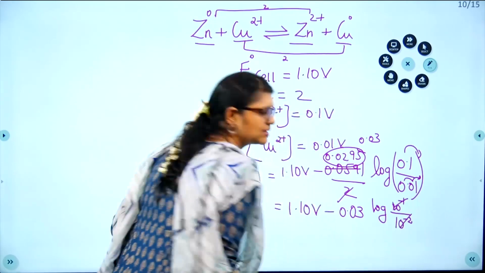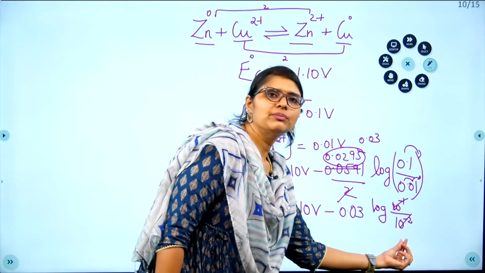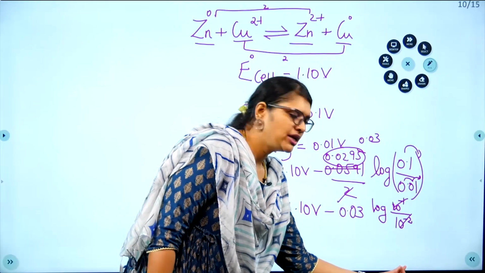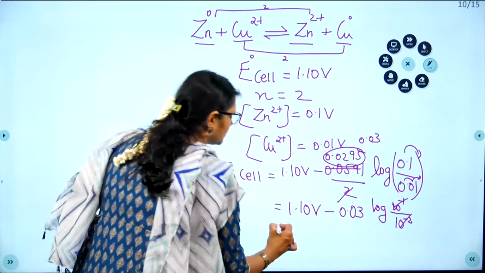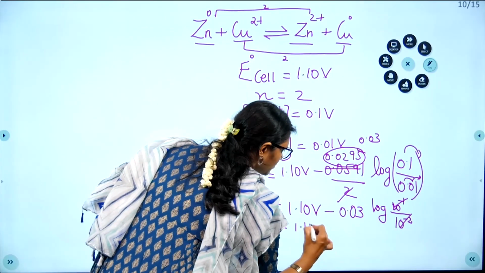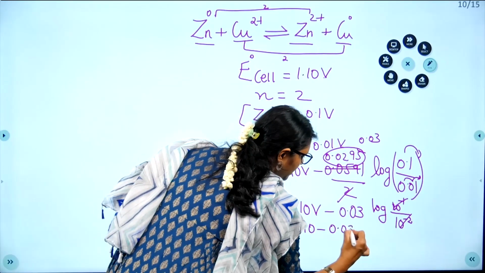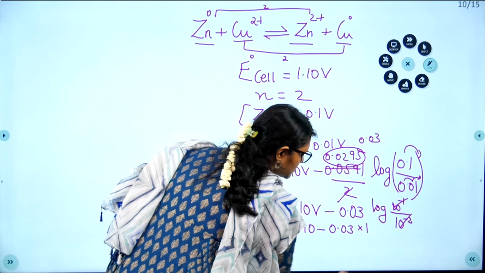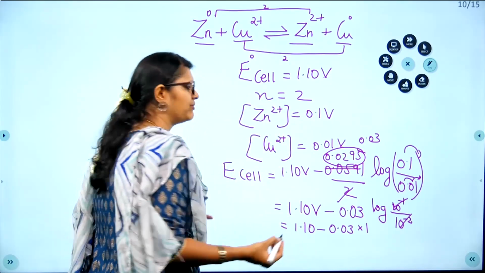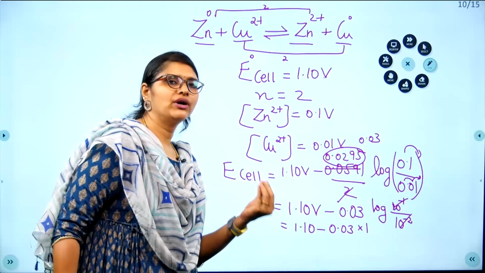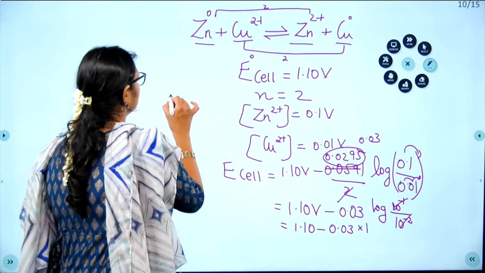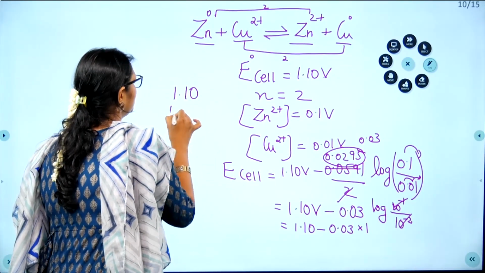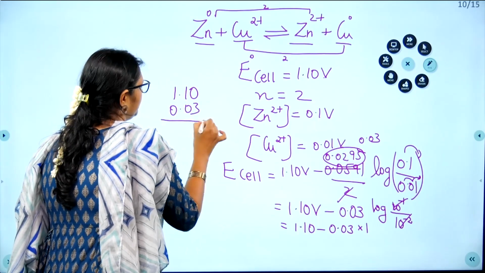So you can cancel. What will remain? 10 to the power minus 1 in the denominator. Now take that to the numerator, so it becomes log 10. So 1.10 minus 0.03 into log 10, which is 1. Now if we subtract 1.10 minus 0.03, we will get the answer. So 1.10 minus 0.03.